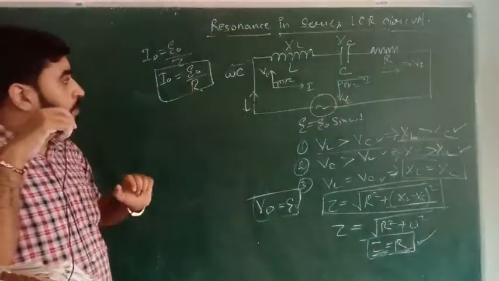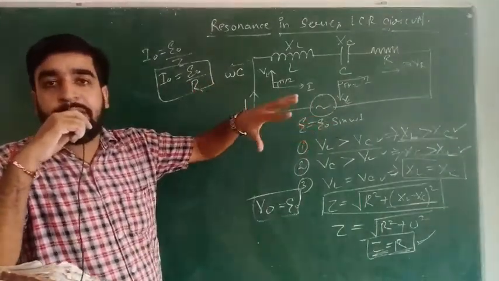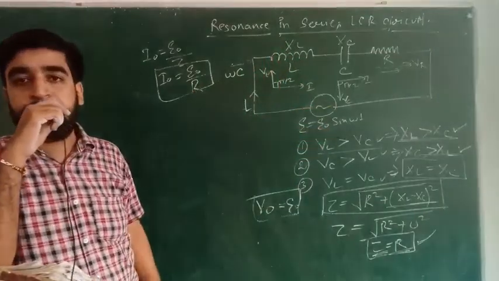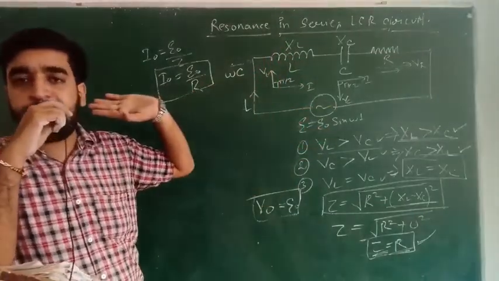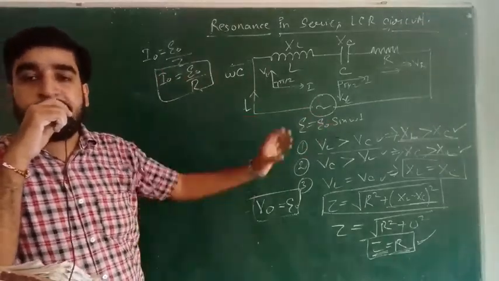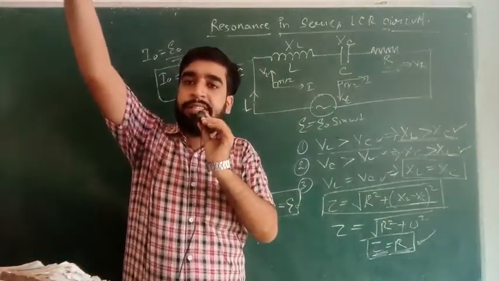When there is the condition of resonance, we are tuning the circuit to different frequencies. We are applying an alternating voltage, but we are tuning this circuit with different frequencies. And at a certain frequency, we find that suddenly there is a sharp increase in the value of current.